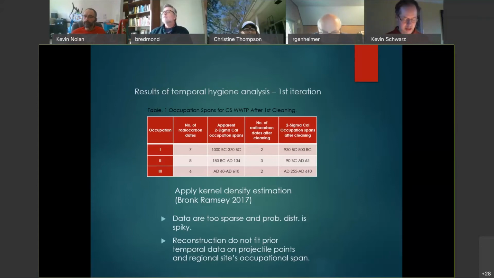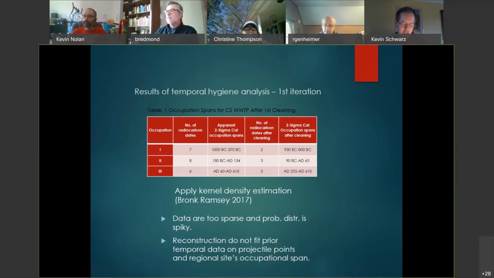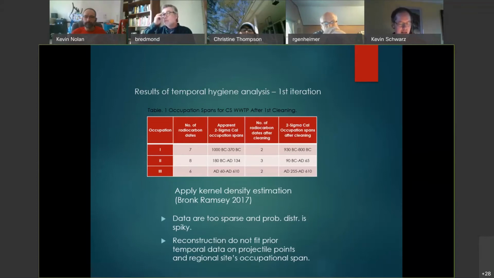It just seems that there wasn't enough data left to do a good reconstruction. More troubling, some of the dates did not fit the projectile point temporal spans, particularly for occupation 1, and some of the regional comparison sites. So I decided I needed to relax the cutoff score even further. Next slide, please.